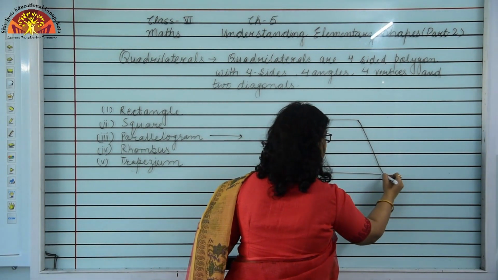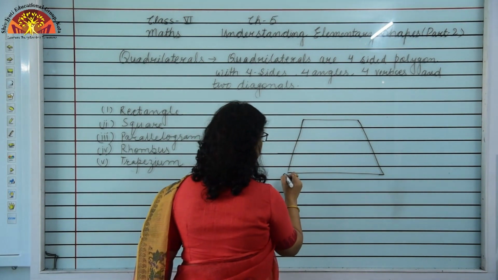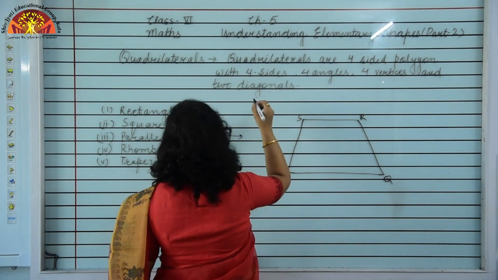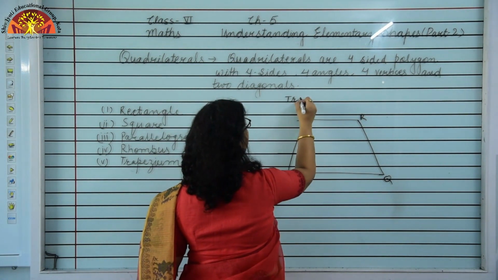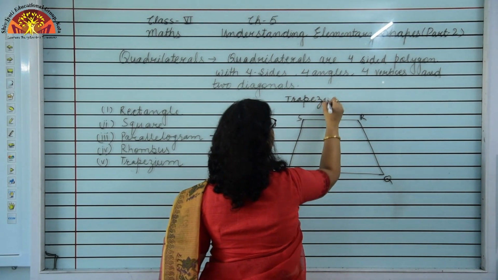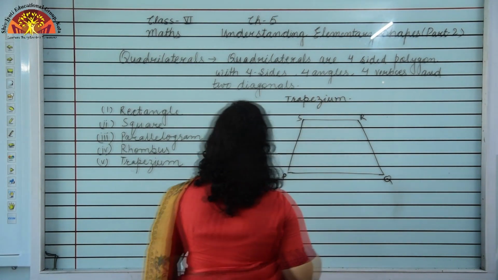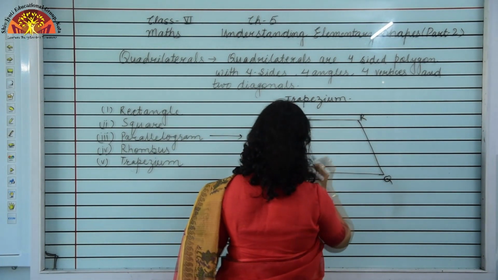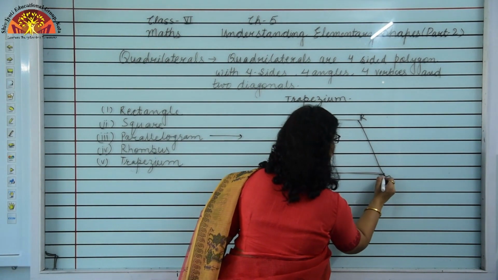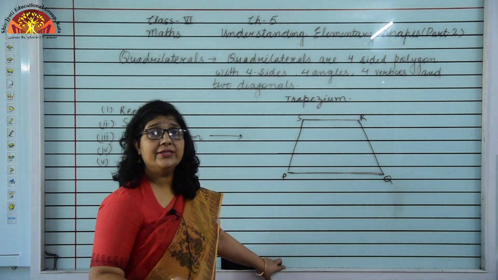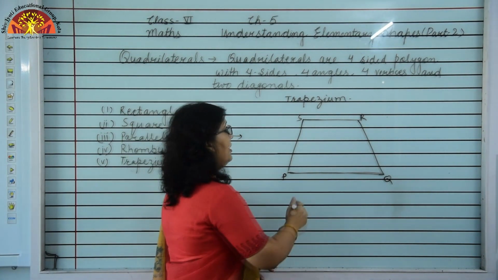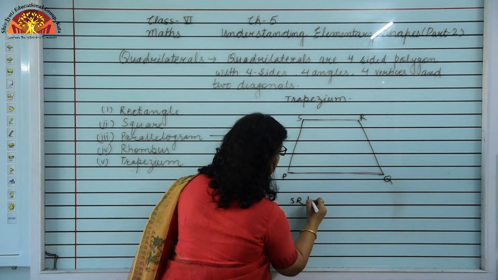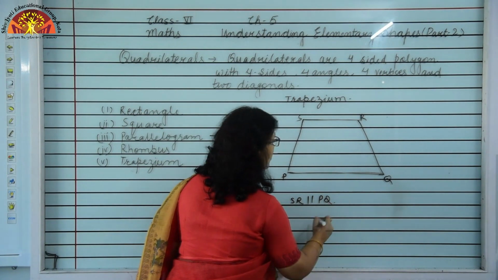Suppose this is a trapezium P, Q, R and S. In a trapezium, one pair of opposite side is parallel. Understood? Equal हो ये जरूरी नहीं है. Understood? So in this SR is parallel to PQ.